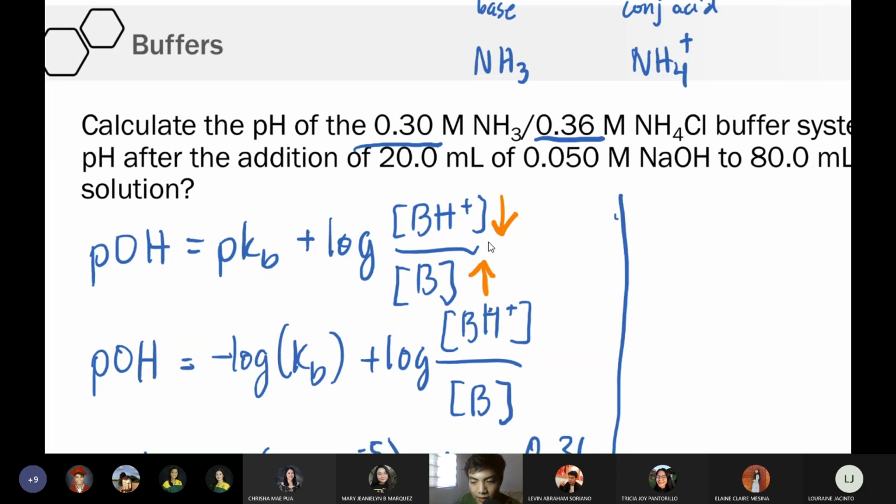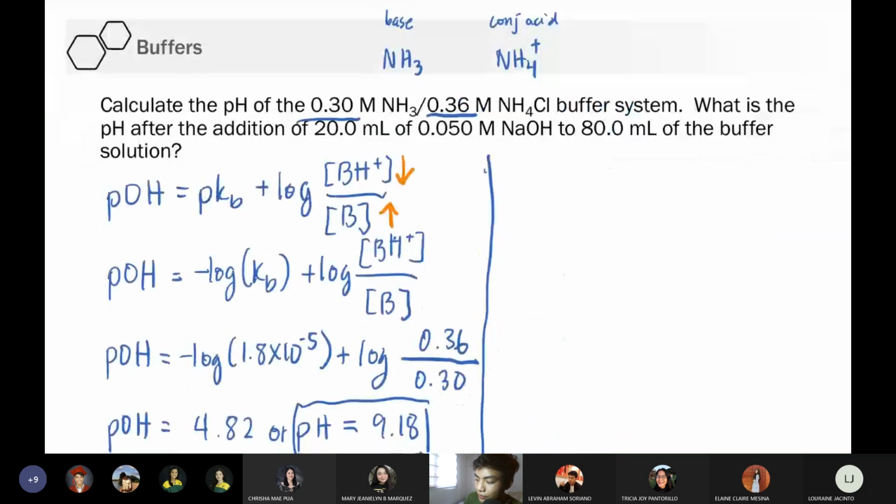Kunwari, nagdagdag ako ng acid. Tataas yung concentration ng conjugate acid, mababawasan yung concentration ng base. Pag naglagay ka ng base, tataas yung base, bababa yung acid. Pag naglagay ng acid, tataas yung acid, bababa yung base.